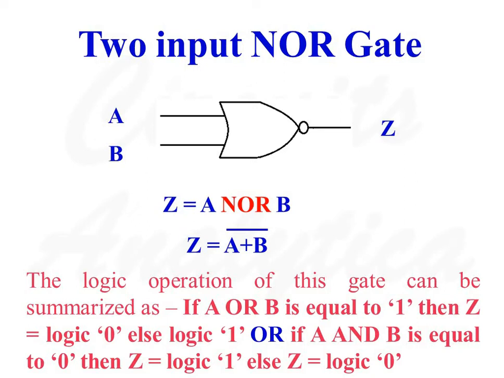In other words, we can define the logic operation as: if A and B are equal to logic 0, then Z is equal to logic 1, else Z is equal to logic 0.